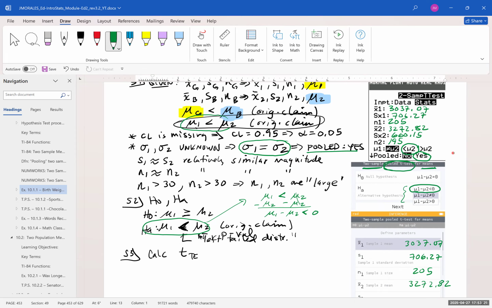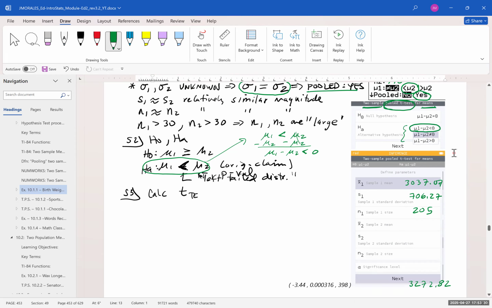I'll try and scroll down a little bit. Yeah, my laptop keeps freezing on me here. All right, so let me rewrite this. 3272.82. S2 is 660.15. N2 is 195, and the significance level is 0.05.